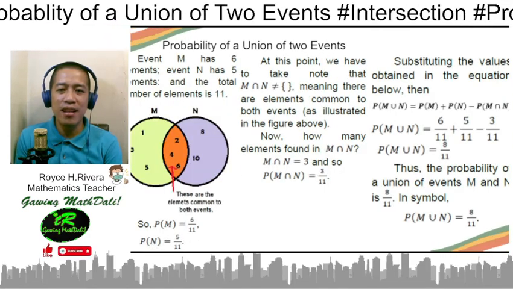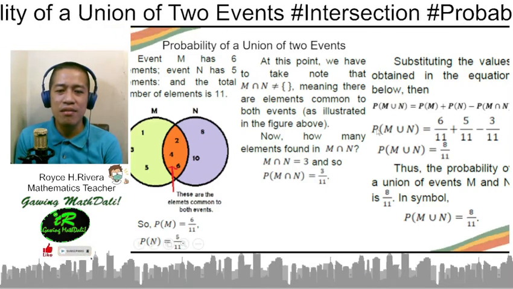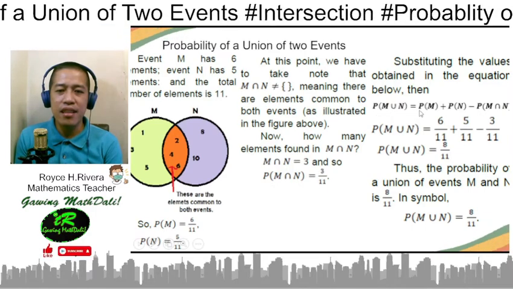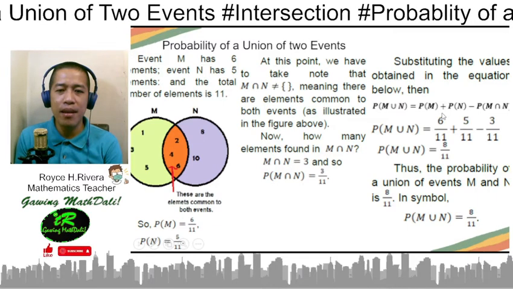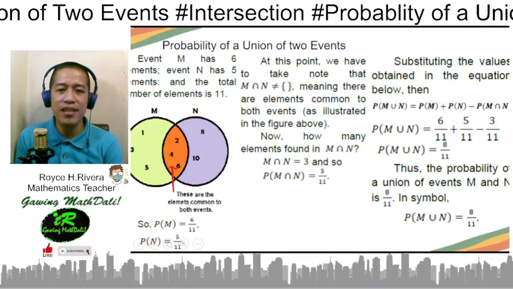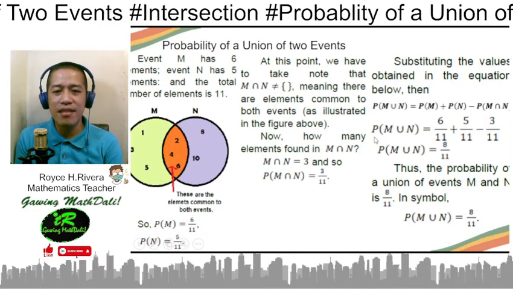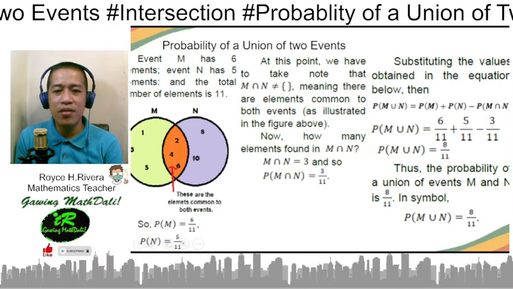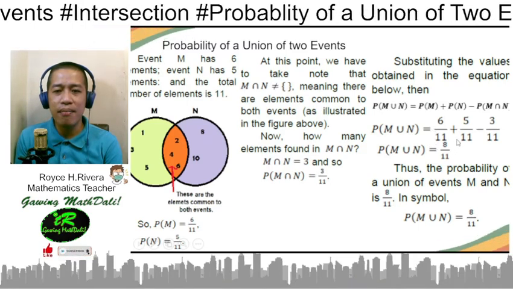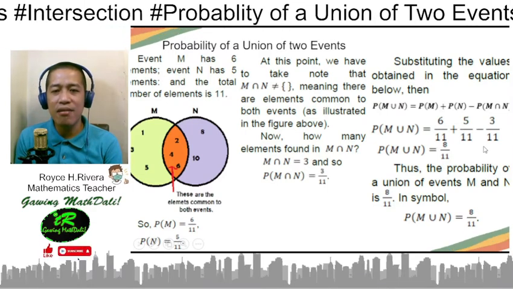We substitute the values obtained in the equation. So, P of M union N is equal to P of M plus P of N minus the P of M intersection N. Then we will have P of M union N is equal to 6 over 11 plus 5 over 11 minus 3 over 11.